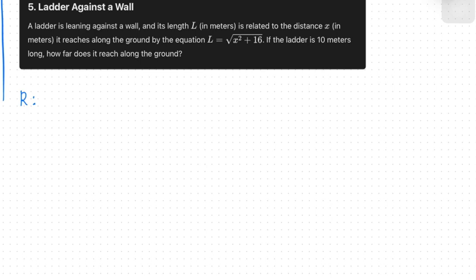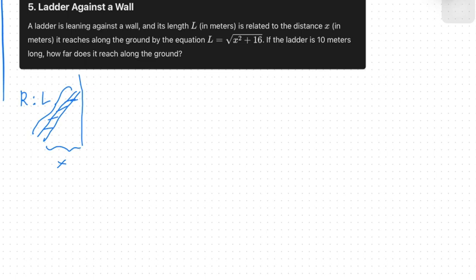Yes, you're right. So, kung gusto nyo yung representation natin, you can just write the letters. L is the length of the ladder, and then x is in meters, or you can actually draw. This is your wall. This is your ladder. Okay? So, this length of the ladder is your L, and then it reaches the ground, is related to the distance it reaches along the ground. So, this is your x.